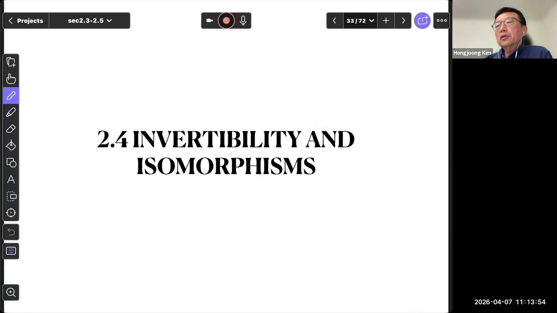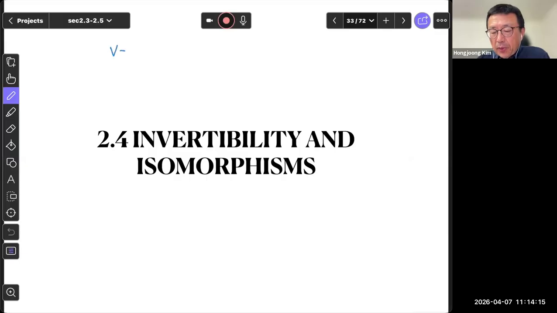So far we considered matrix representation of the linear transformation, and then we interpreted matrix multiplication to represent a linear transformation from one vector space to another, right?